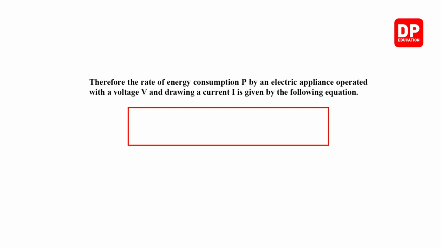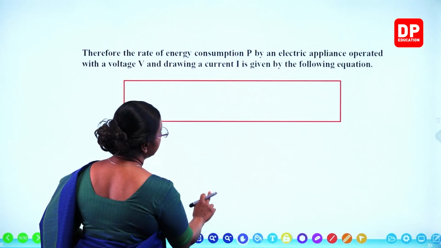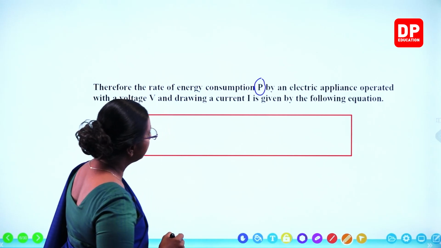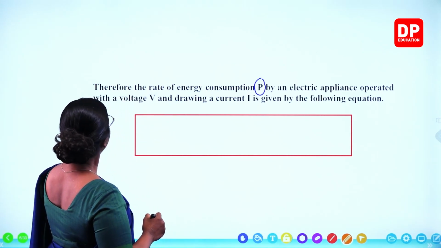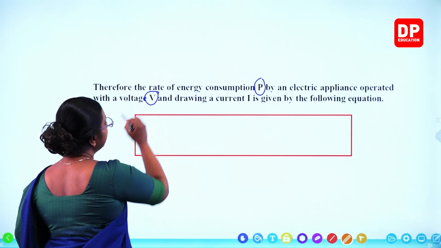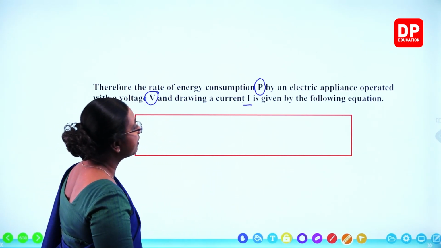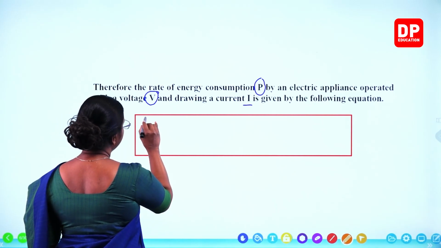Therefore, the rate of energy consumption P by an electric appliance operated with a voltage V and drawing a current I is given by the following equation.